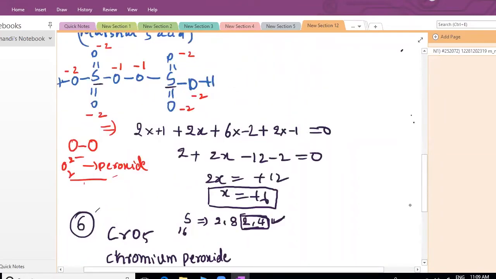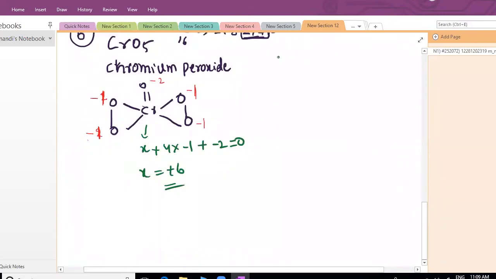Another one. Seventh one. HNO4. Nitrogen maximum oxidation state is 5 because nitrogen is 2, 5. Is it correct? So maximum they can have 5. So nitrogen structure is N double bond O. Oxygen, this coordinate covalent bond is going to be learned later.